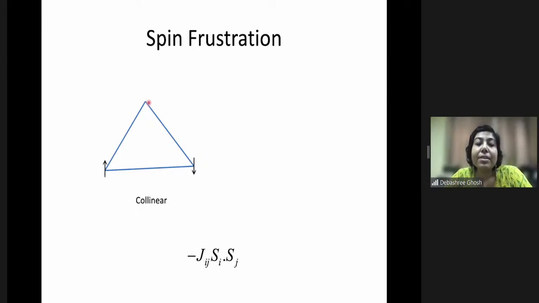So if it's a triangular lattice and I have placed 2 spins, one up and one down, they're happy with each other because they're next to each other and opposite, everything is fine. But what happens when I try and put a spin over here? If it is happy with respect to this one, as in if this is a down spin, then it is unhappy with respect to the other one. If it is happy with respect to the other one, it is unhappy with respect to this one. So this is essentially what spin frustration is.